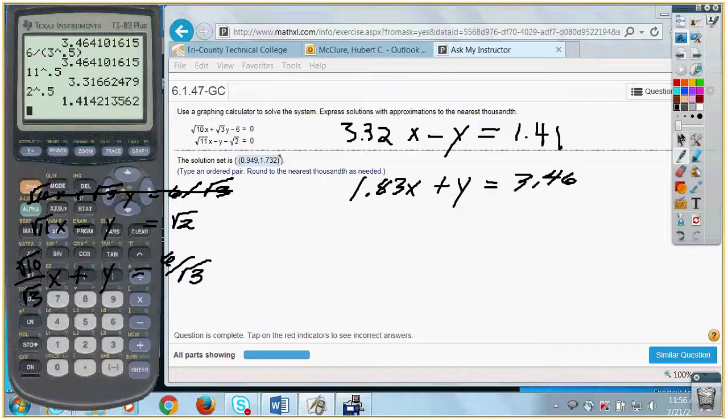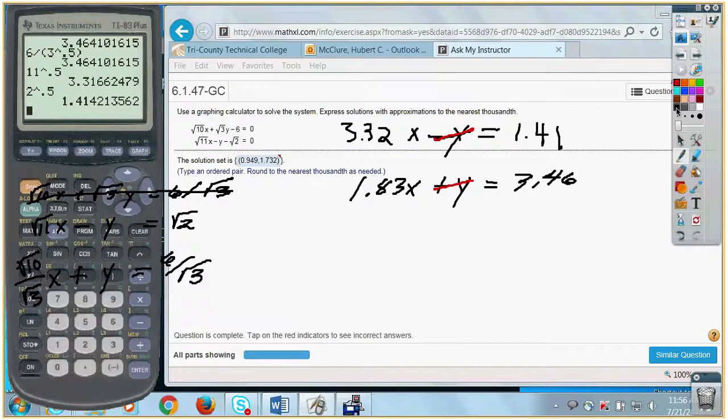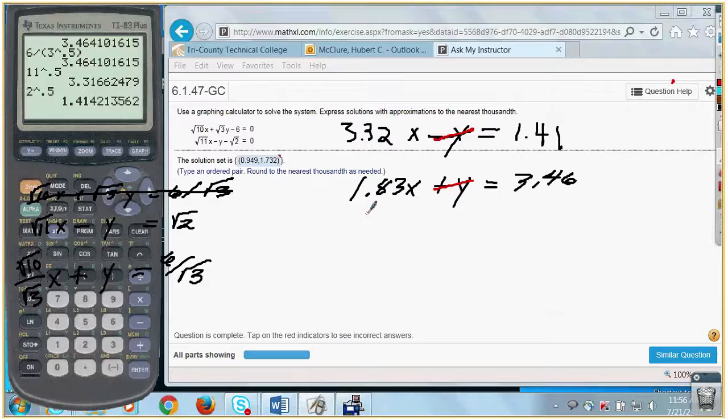Take my handy dandy red pen, and that y goes out with this y, and 3.32 plus 1.83, that's going to be 5.15. Y'all have to check it out for me.